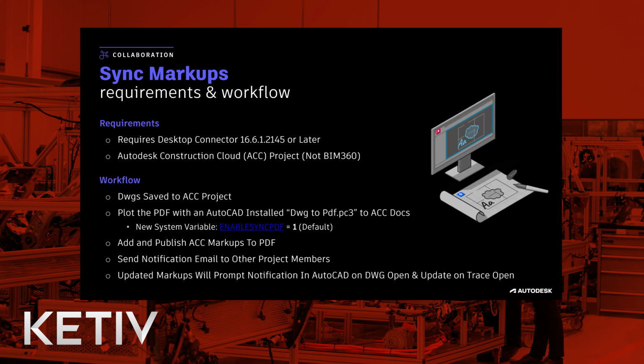Drawings have to be saved to an ACC project. You do need to use the DWG to PDF PC3, so an Adobe printer driver will not work at this time. It's something for the future. And the enable sync PDF system variable needs to be enabled and set to 1, which is the default.